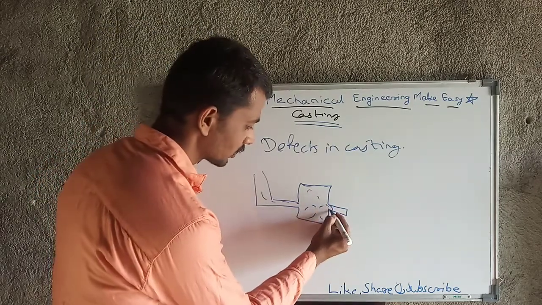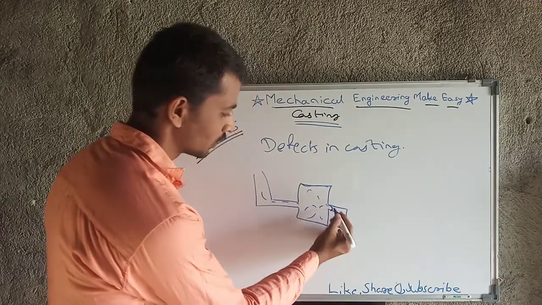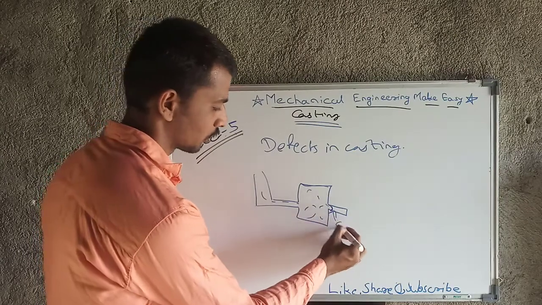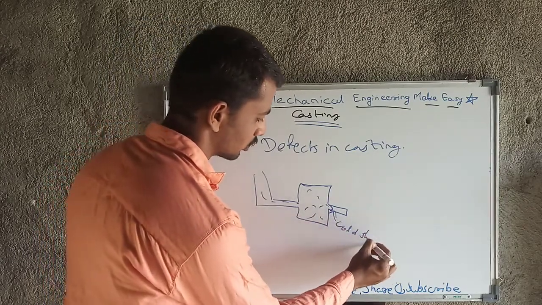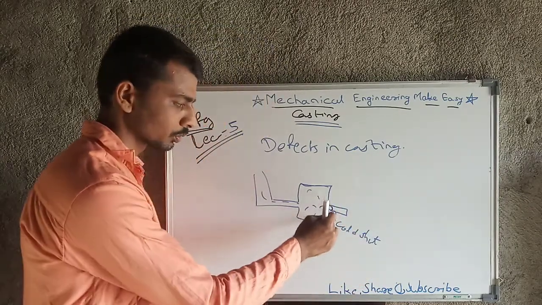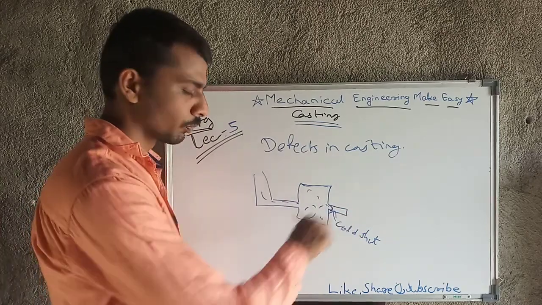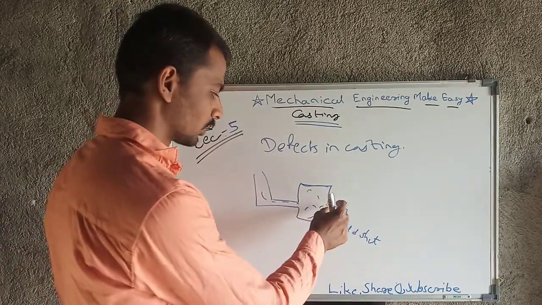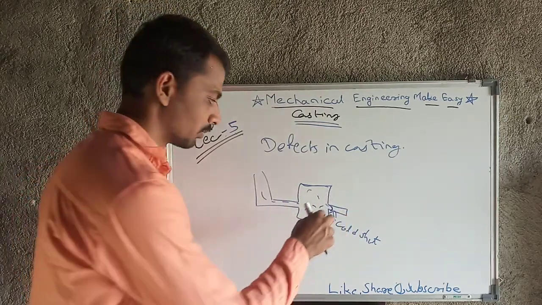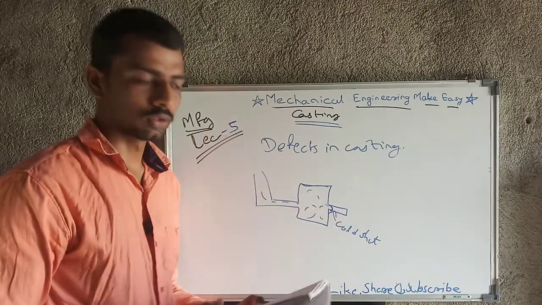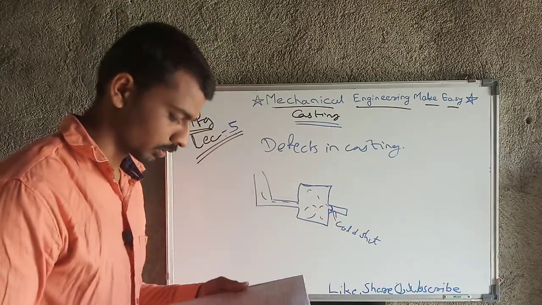Because of that, the molten metal can only reach up to this point. So this is the issue of cold shut. Cold shut means the door is closed for the molten metal. This happens because of early solidification of the material at that section.